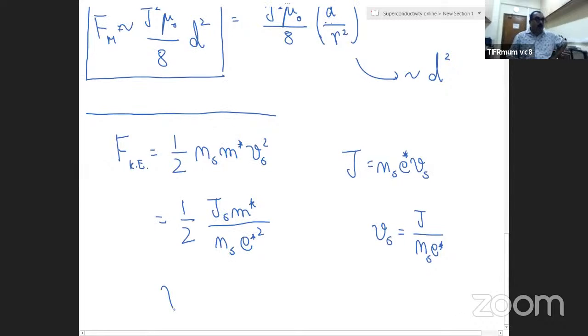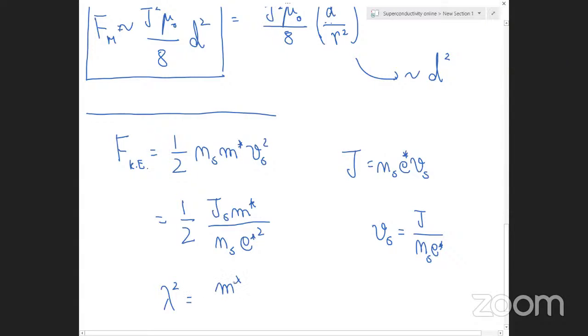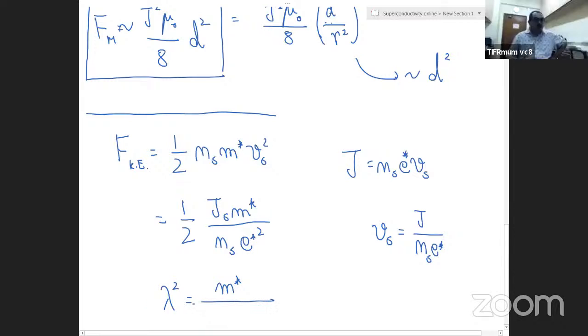Now I know that from London's theory, the penetration depth lambda square is m star by mu 0 ns e star square.